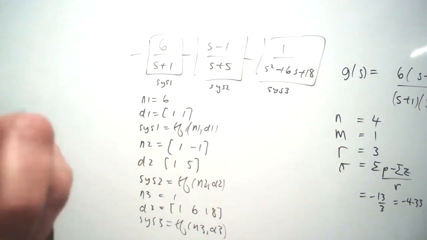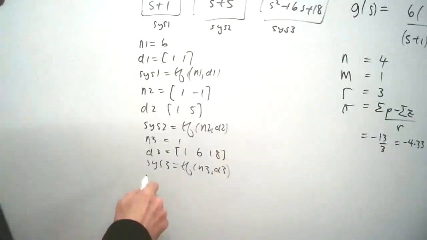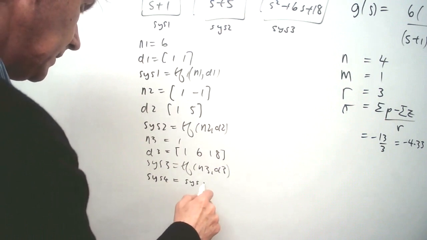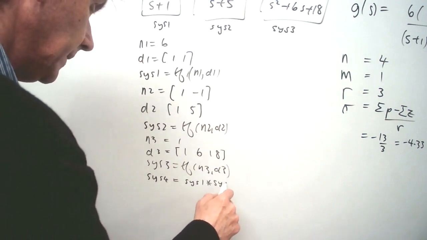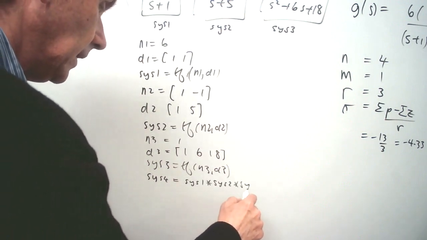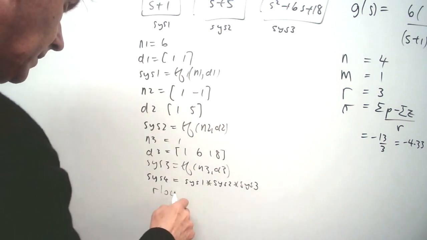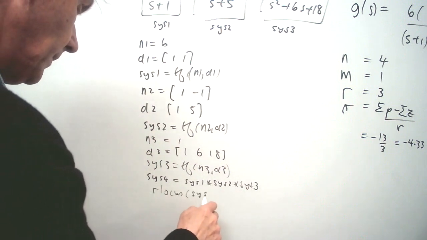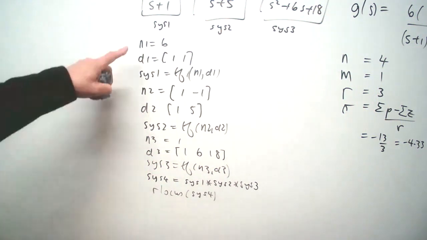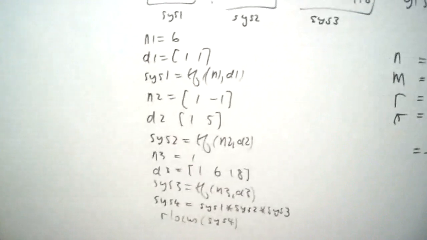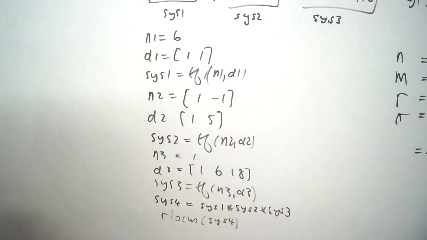Then we could put, say, sys4 equals sys1 times sys2 times sys3, and then rlocus sys4, and that would give us the root loci sketch.